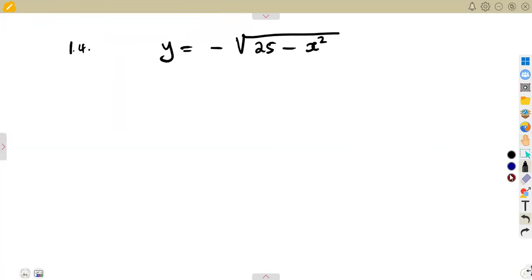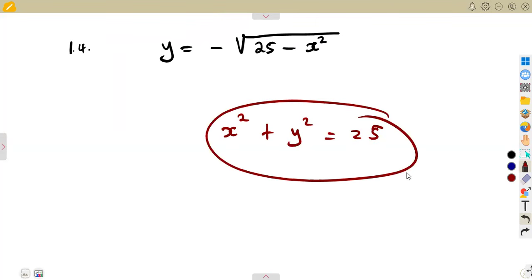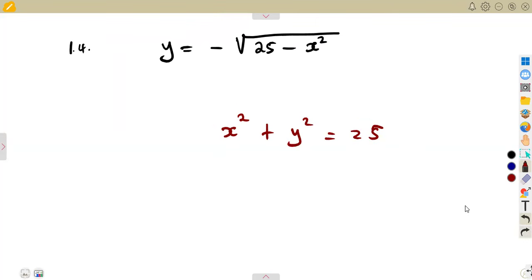We do understand if we are given something like this, x squared plus y squared is equal to 25. We do understand something of this nature. That's a circle when it is like this. Okay, let's say I want to make y the subject. It is supposed to be what? Y squared is equal to 25 minus x squared.